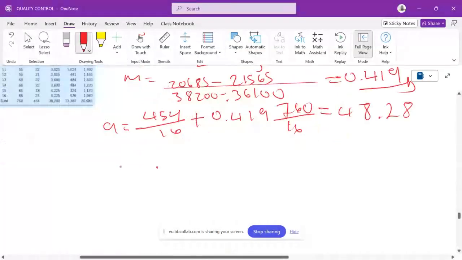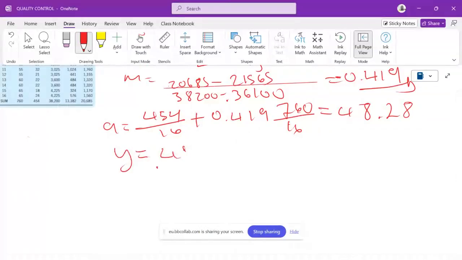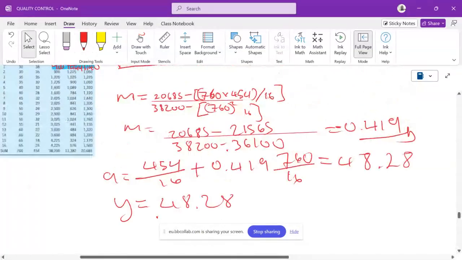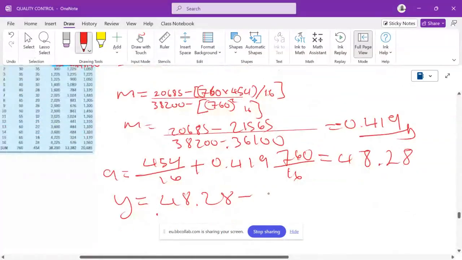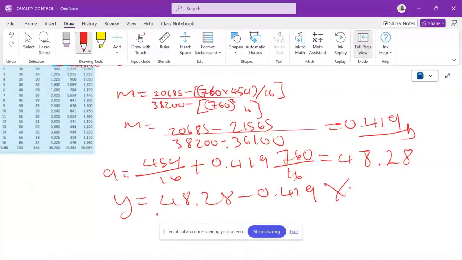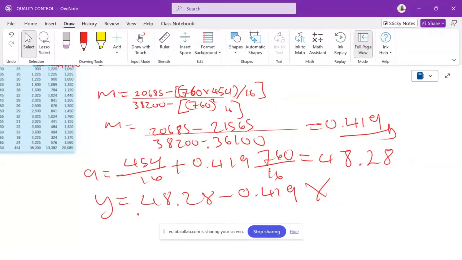So now we have y equals to a, which is 48.28. But the formula is a plus, but m is negative, so 0.419 x. So now you want to identify your x, your y here at the top.